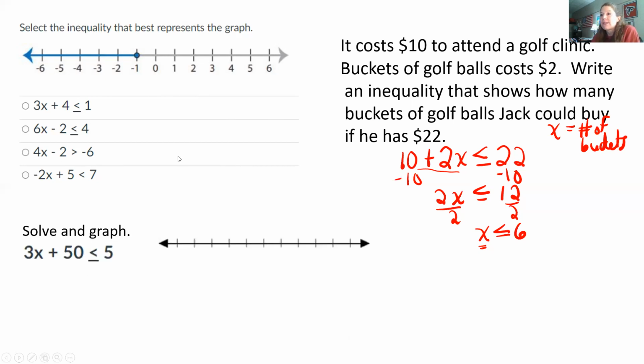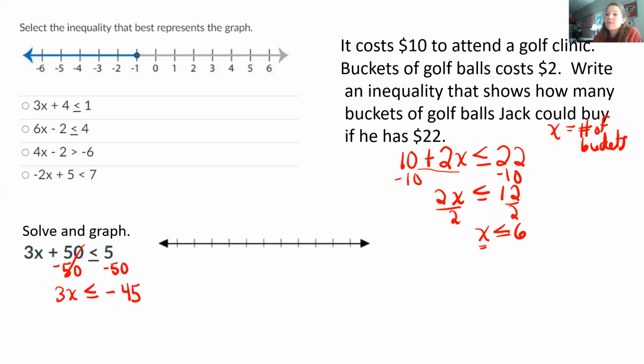All right, so what about this one? We want to solve for x. So the first thing we're going to do is get rid of plus 50, so we're going to subtract 50. We're not flipping our inequality. You're allowed to subtract a number and not flip, it's only when you multiply or divide by a negative number, right? So we have 3x is less than or equal to -45.